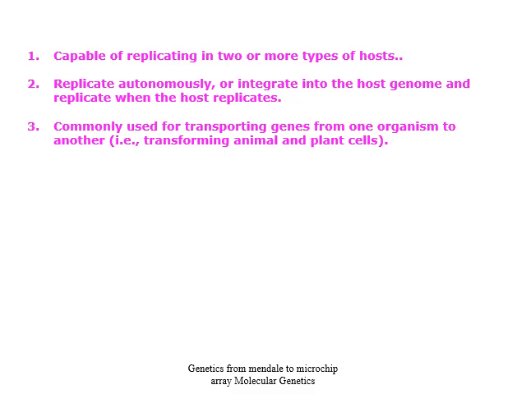Shuttle vectors are capable of replicating in two or more types of hosts, replicating autonomously or integrating into the host genome and replicating when the host replicates. They are commonly used for transporting genes from one organism to another, transforming animal and plant cells.